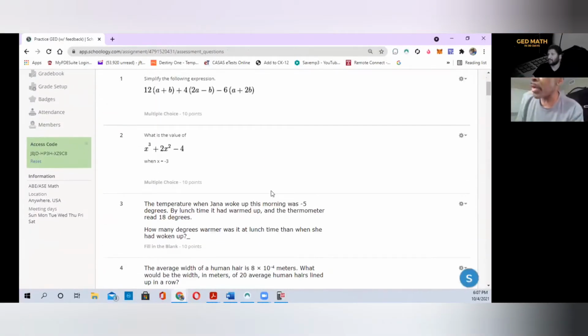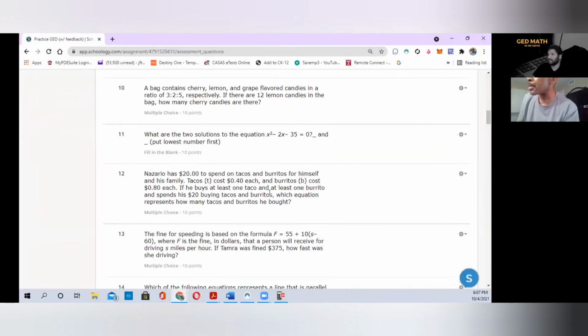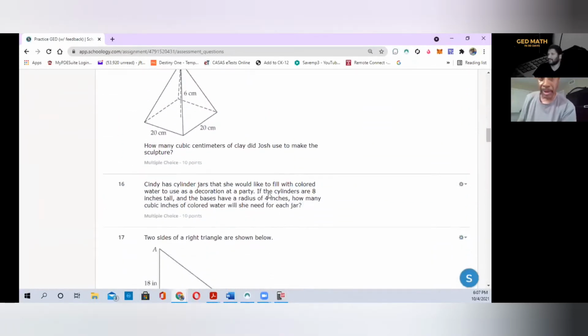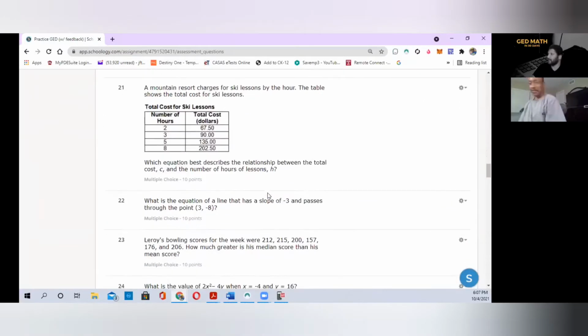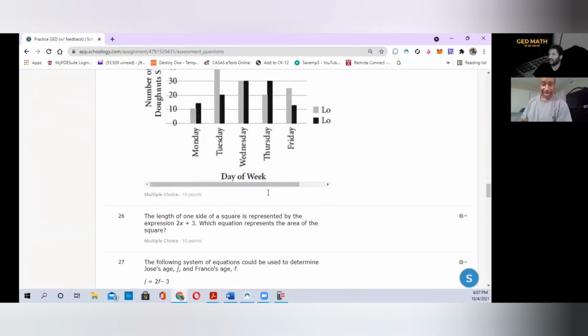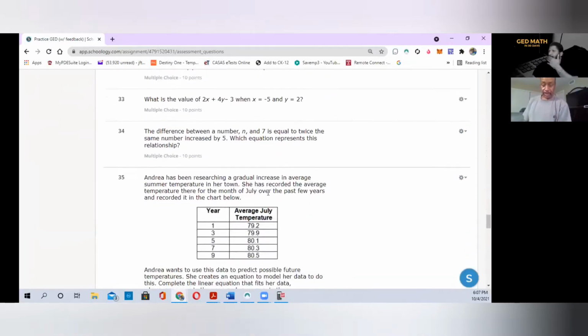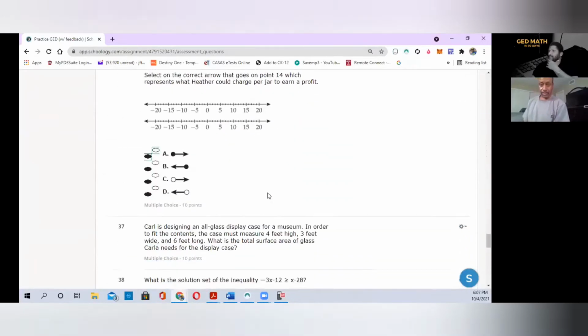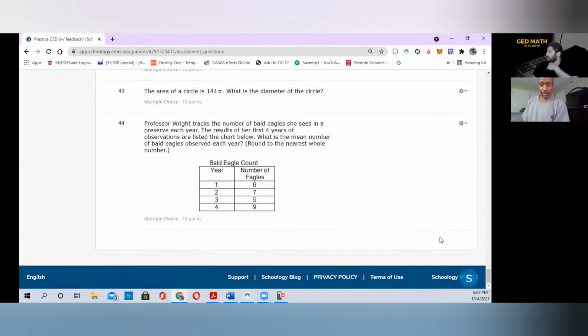The average width of a human hair is 8 times 10 to... you know what I'm talking about. I picked that one specifically because they asked that type of problem on the science exam. So a lot of these, even though they're math, some of them came from the science exam.